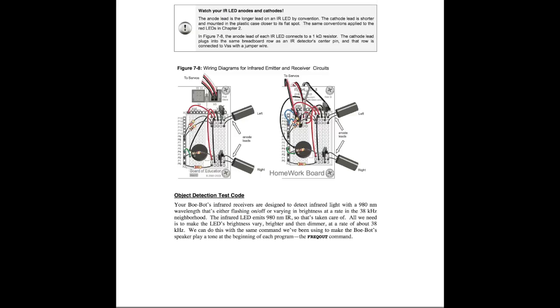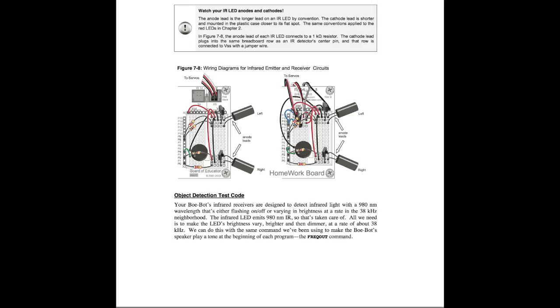And let's see, it looks like the emitter on the detector will be connected to the 1K resistor in here and going into port 0. And then the second one will be ground. We'll jumper that up, common ground.